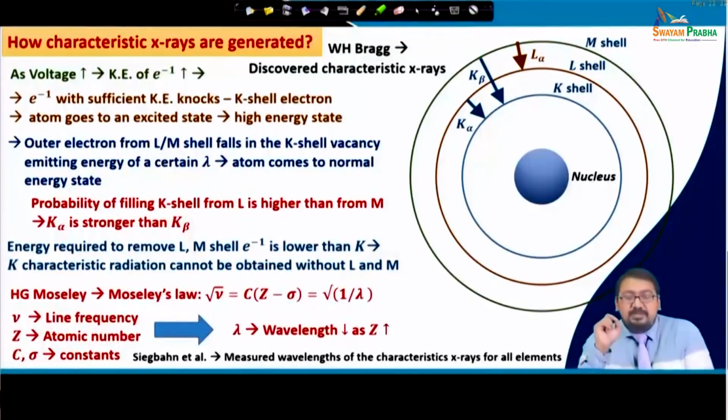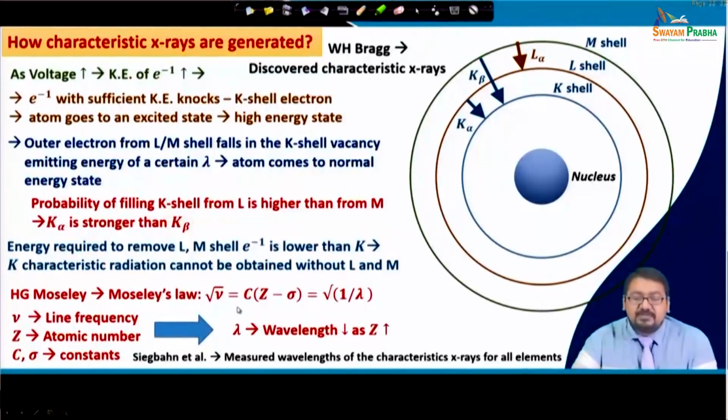While we are talking about this characteristic radiation, one should remember Moseley's law given by H.J. Moseley, and that is that root of frequency is equal to C, which is a constant, times Z, which is atomic number, minus sigma.